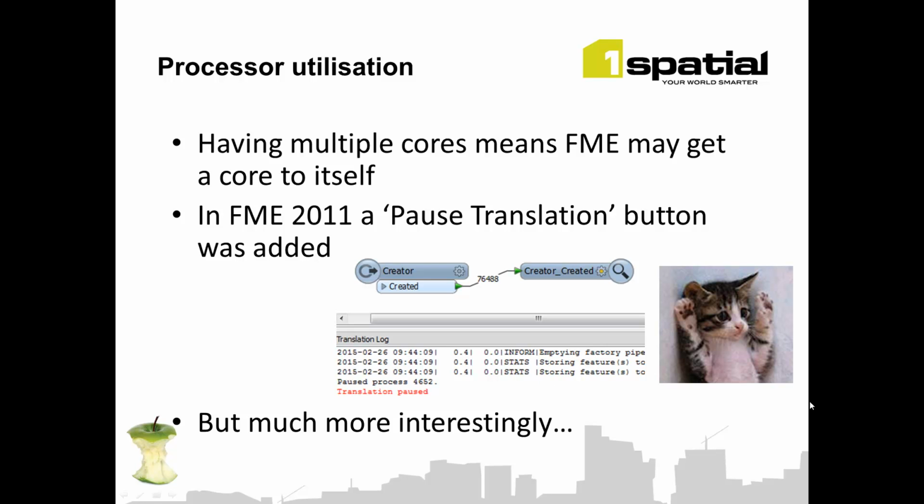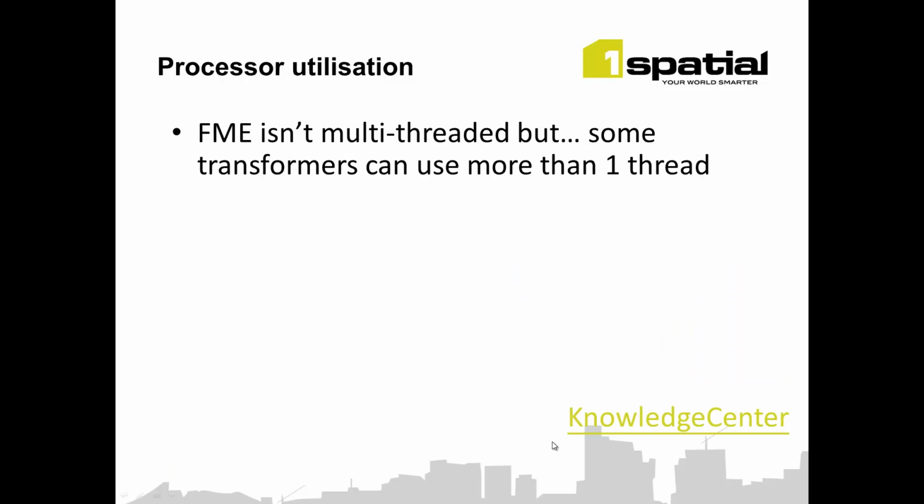But much more interestingly, you can actually get some transformers to use more than one thread. As I say, FME is not multi-threaded itself, but some of the transformers, effectively the heavy lifters, can use more than one thread, and there's an increasing number of transformers that are getting this technology.